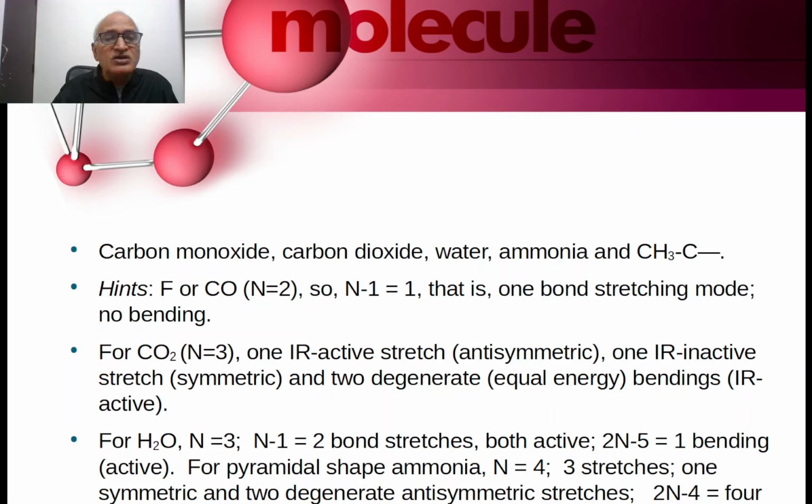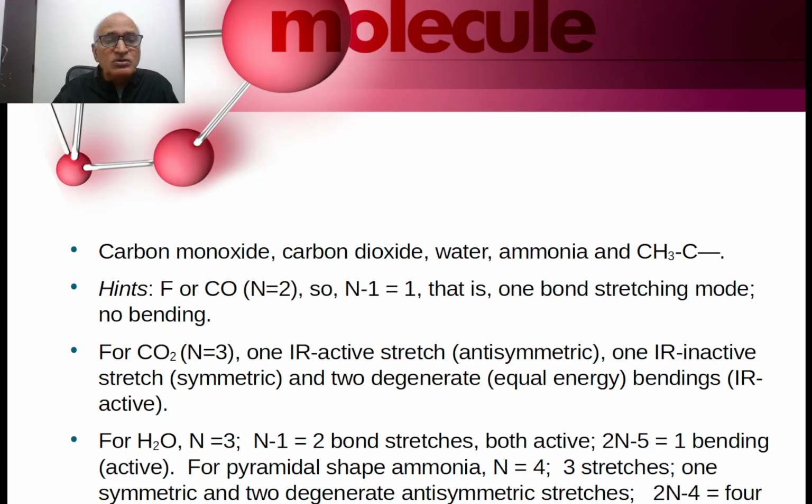For carbon monoxide, number of atoms is 2, so number of bond stretching mode is 1. The formula is n minus 1. For CO2, n equal to 3 atoms, shape linear. So 1 IR active stretching, which is antisymmetric, 1 IR inactive stretching, which is symmetric, and 2 degenerate bending modes.